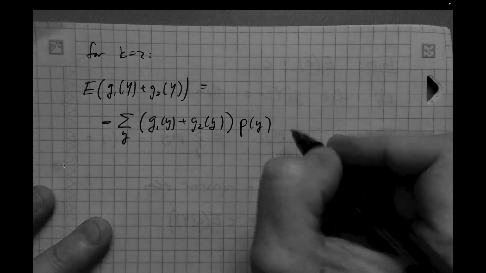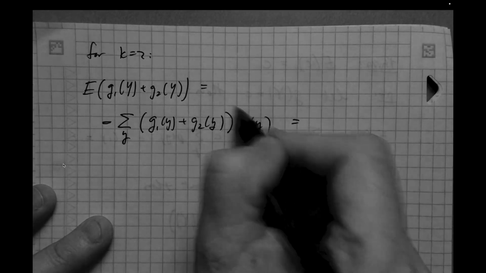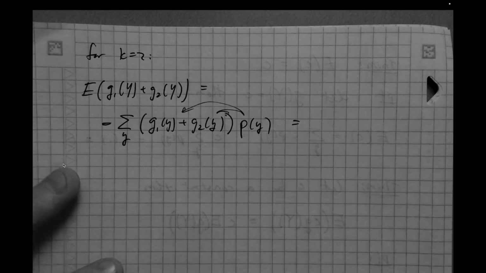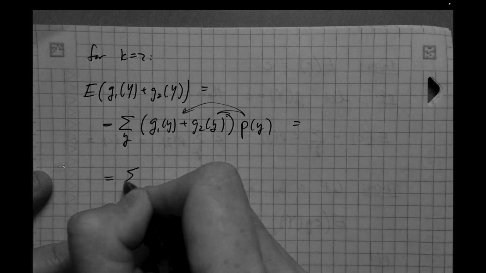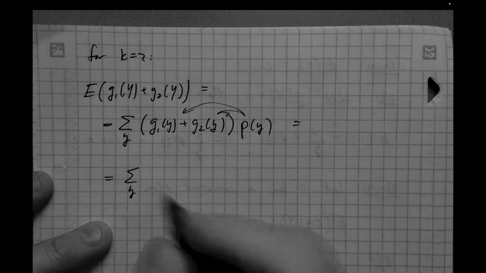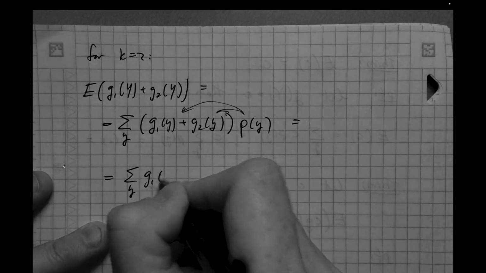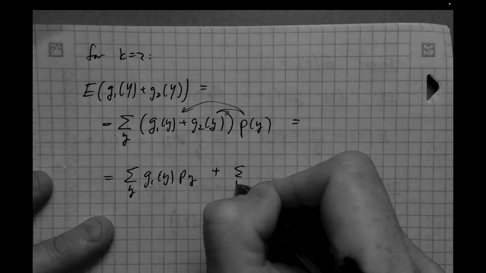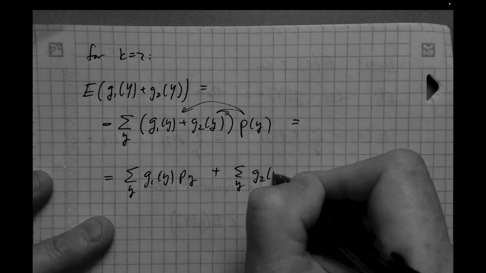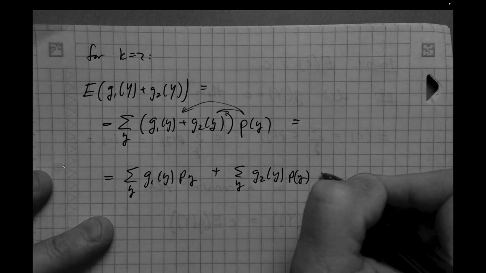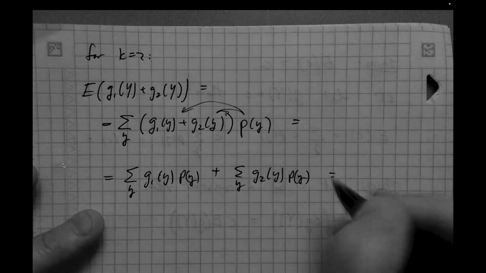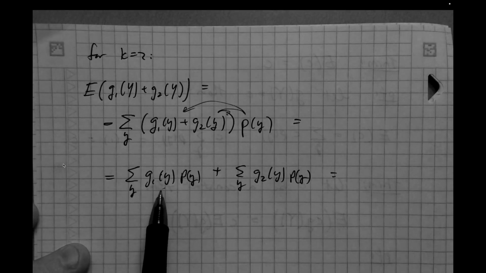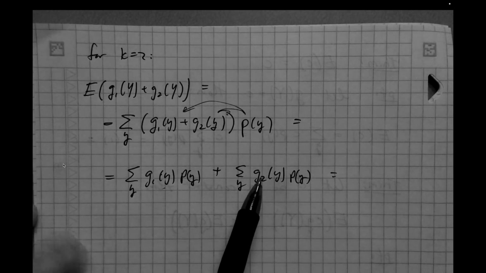Okay. And we know that we can distribute the probability of y through these parentheses, and we would have the sum over y of g1 of y p of y plus the sum over y of g2 of y p of y. Okay, and then of course this is just the expected value of g1 of y, and this is just the expected value of g2 of y.